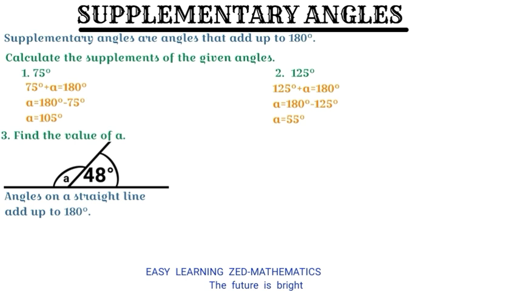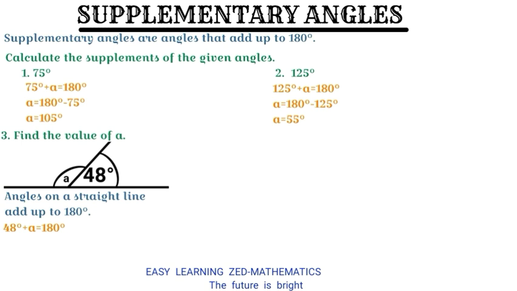Okay, so we need to come up with an expression that is going to help us to find the value of A. Now remember, angles on a straight line add up to 180 degrees. So A plus 48 degrees should give us 180 degrees. So I'm going to write 48 degrees plus A is equal to 180 degrees. The two angles there, angle A and 48 degrees, when you add them, they should give us 180 degrees.